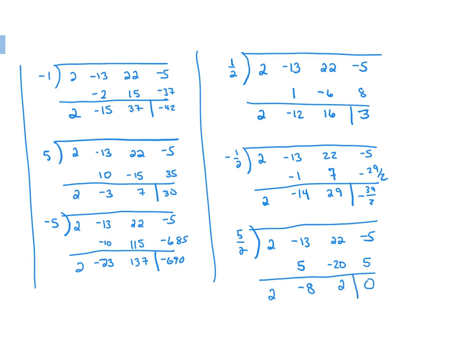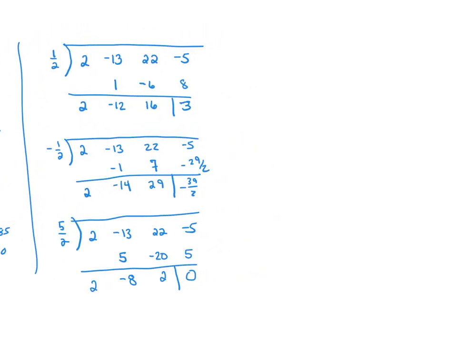So indeed, we get 5 halves is a solution because 5 halves is a 0. So what have we said up to this point? We have said that our solutions are x equals negative 1 multiplicity 2, and we've seen 5 halves.